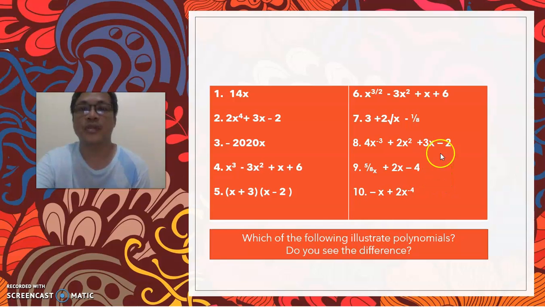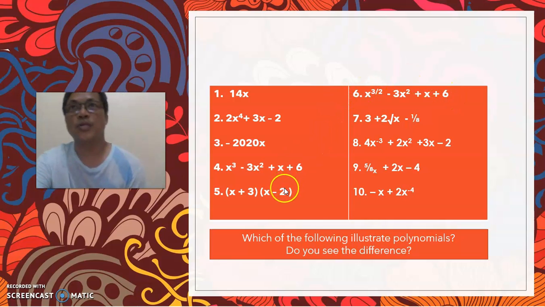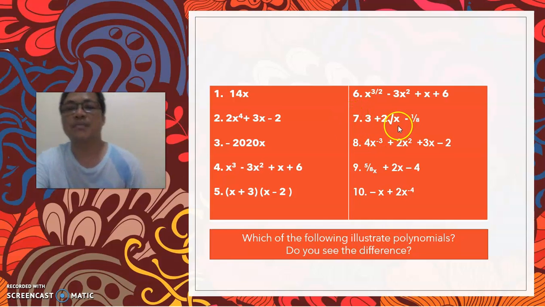Why? What is our basis? When do we say that a given expression is a polynomial function? Look, in number 6, the exponent is a fraction. Number 7, there is a variable inside the radical sign.